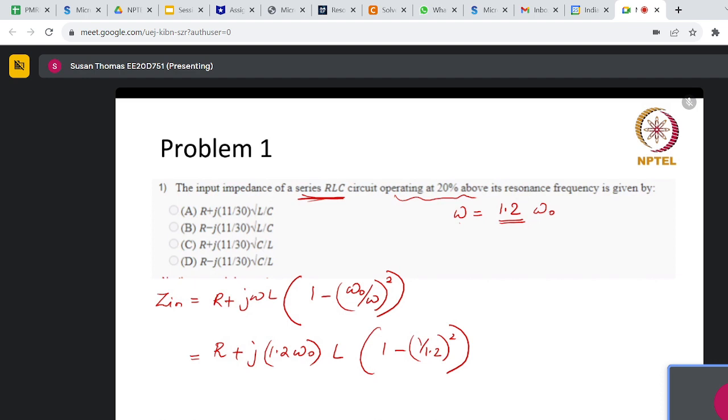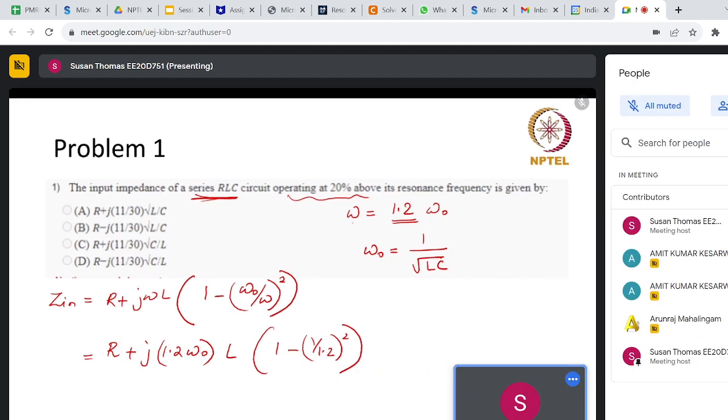Can we simplify this? I hope you will be able to substitute for omega naught. As I said before, the resonant frequency is 1 by root LC. I hope you might be trying.